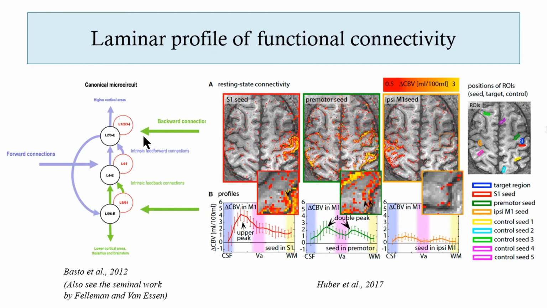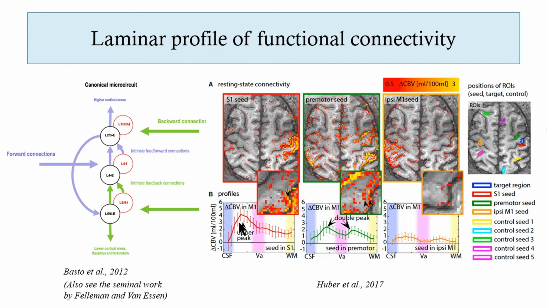Now, this laminar profile has recently been shown, not 2 years ago, by Huber et al. from NIH, showing that if you look at some seed, for example S1, which gives input to M1, you end up with a profile of functional connectivity observed with CBV contrast fMRI.